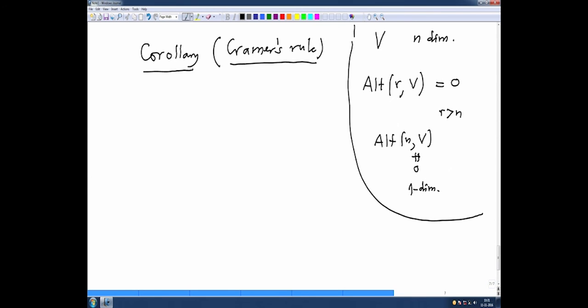Okay. So, Cramer's rule now. We have a system of linear equations. So, let E be a system of n linear equations in n unknowns.